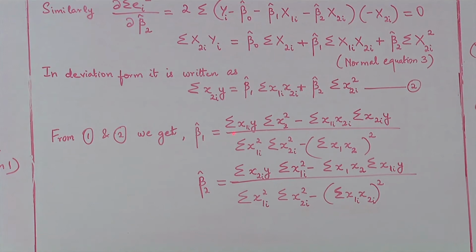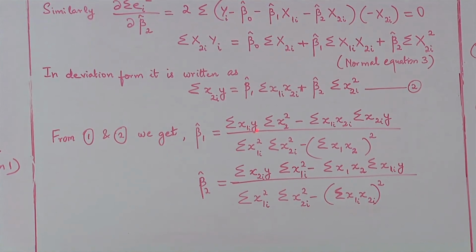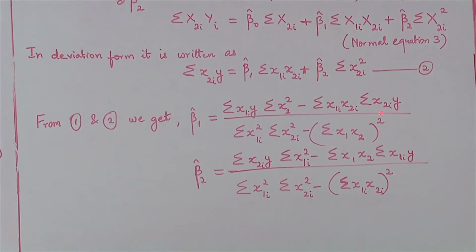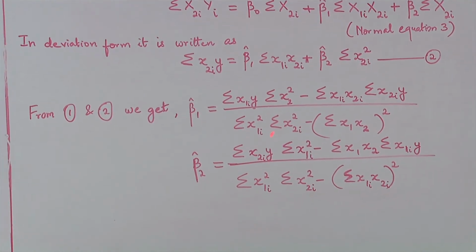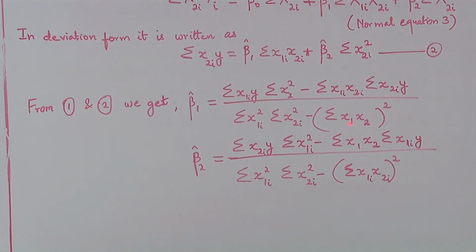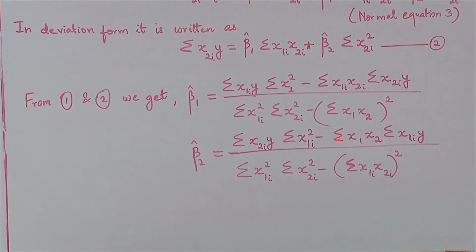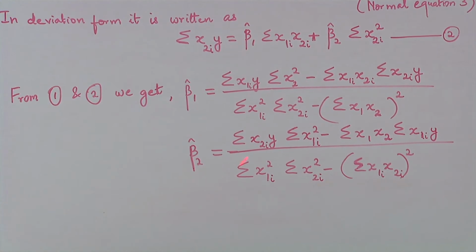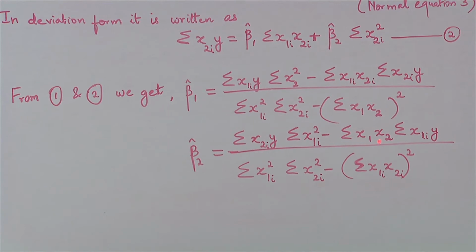Beta 1 hat is equal to sigma small x1i small y sigma x2 square minus sigma x1i x2i sigma x2i y, divided by sigma x1i square sigma x2i square minus sigma x1 x2 whole square. Even if you write with i or without i, it does not matter. Beta 2 hat again you can write as sigma x2i y sigma x1i square minus sigma x1 x2 sigma x1i y, same denominator applies here. So, this is the formula.